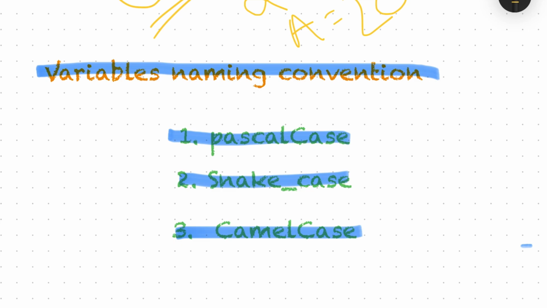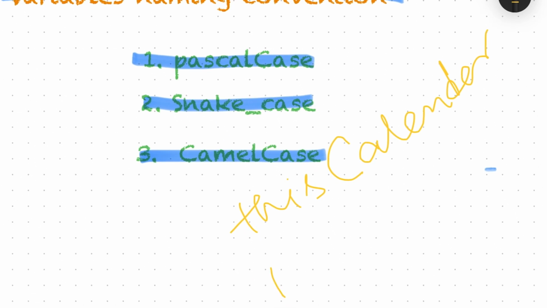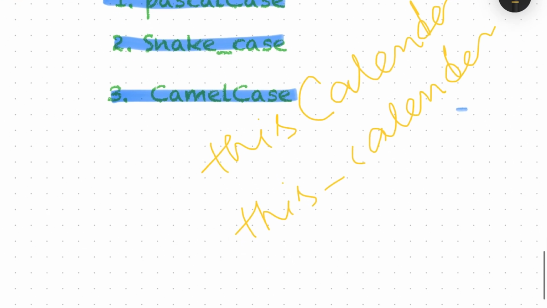For example, this calendar, C will be capital. In snake case, we write this underscore calendar. In camel case, we write the T capital, and when the word is finished, we write the C capital.